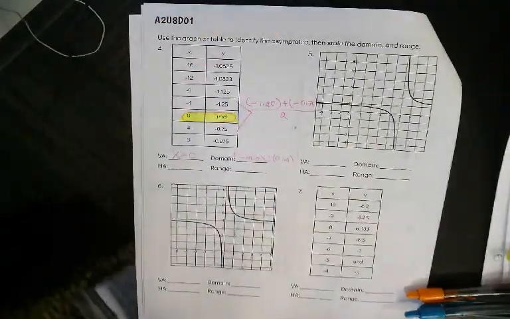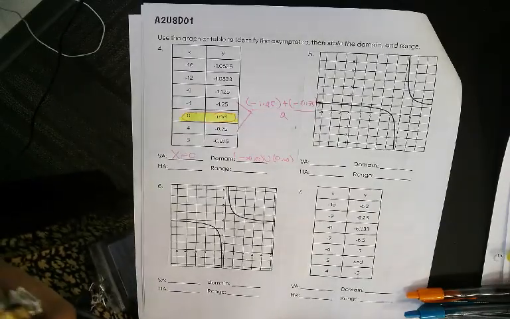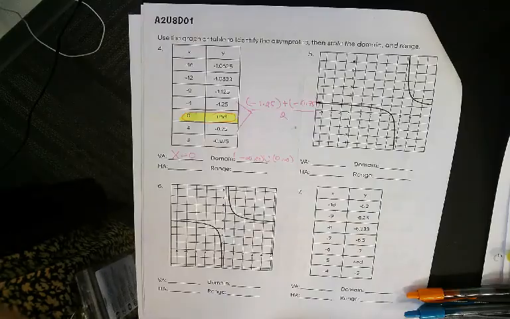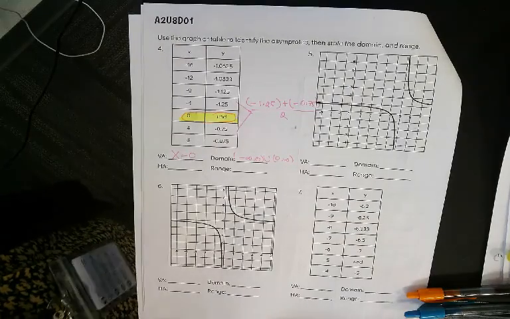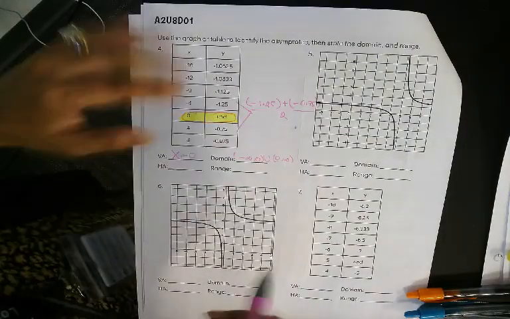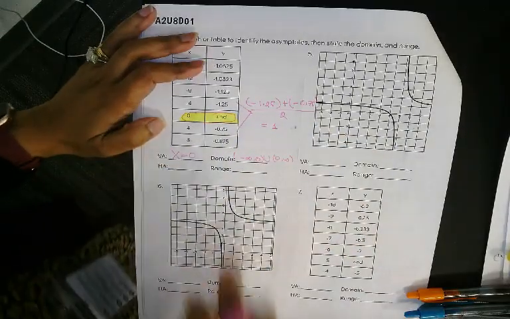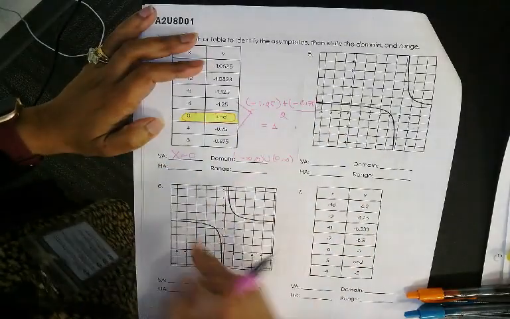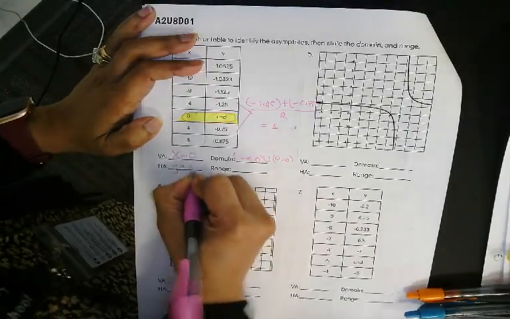What's the value? You're going to take both of them, add them, and divide by 2. What's the value? Not negative 1, it's a positive 1. So your horizontal asymptote is going to be y equal to 1.